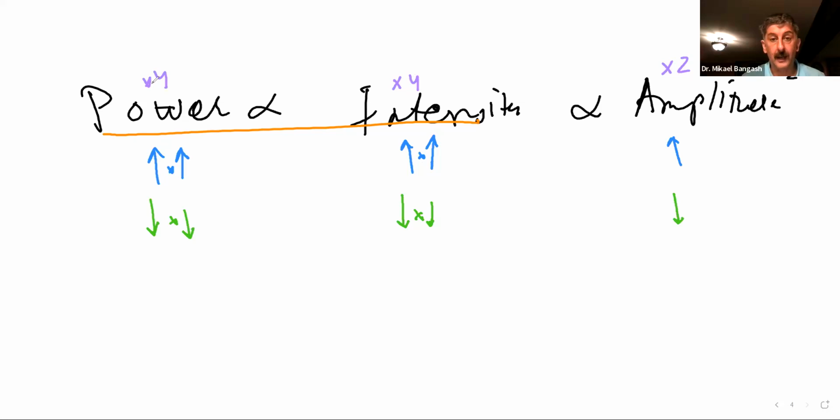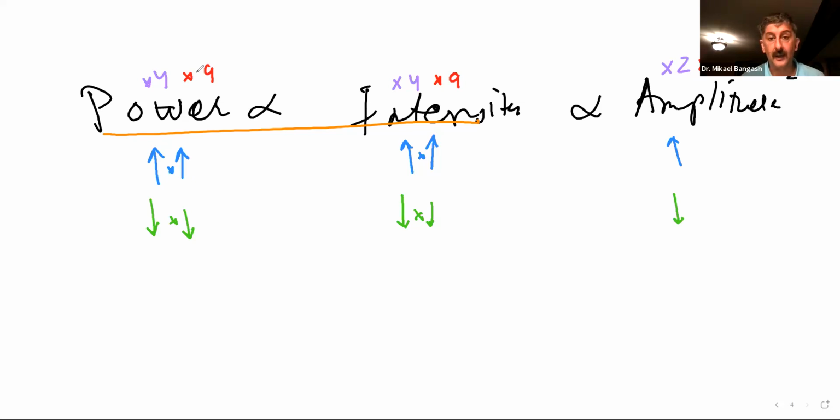We can say amplitude increases 3 times. Now that may mean that your power and intensity will increase 9 times. That's usually the max that you will get to.